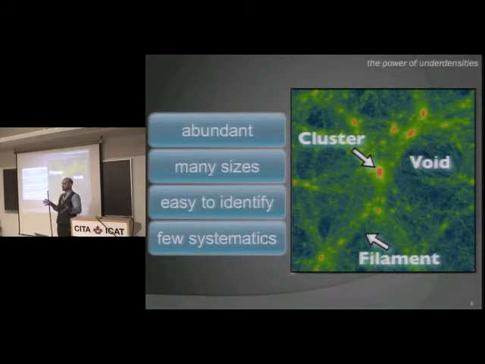So even though the signal inside of a void is relatively weak, if you're able to extract that signal, you don't have to do a lot of work to model out the systematic effects. You have direct access to the cosmological information in the void.